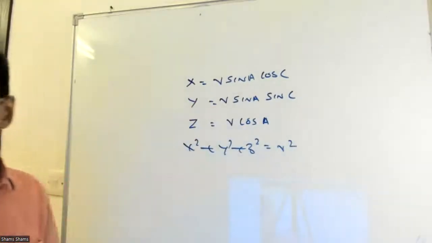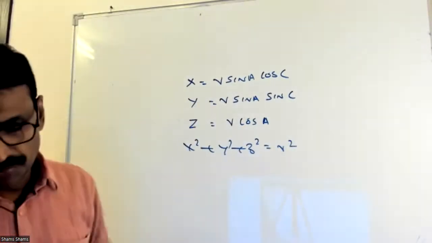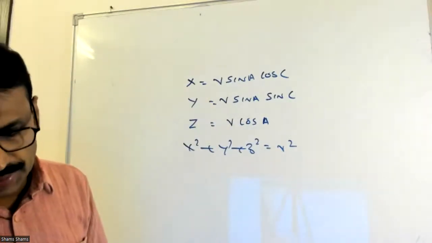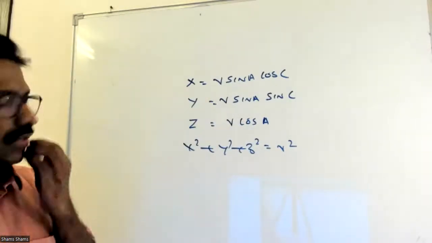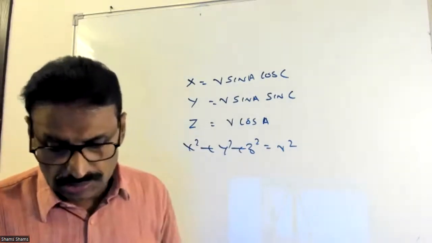Okay. Everything is here. You should try this one. x equal to r sine a cos c, y equal to r sine a sine c, z equal to r cos a.